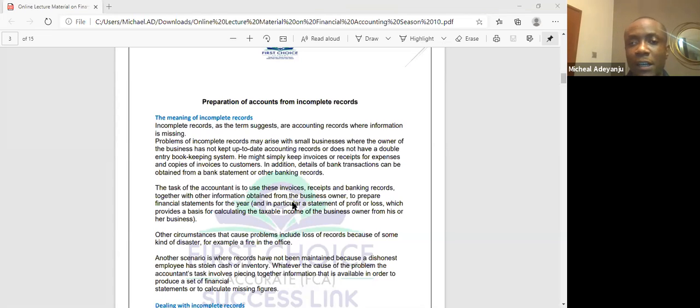So it is a situation that arises with a small business where the owner has not kept up-to-date accounting records or does not have a double entry bookkeeping system.